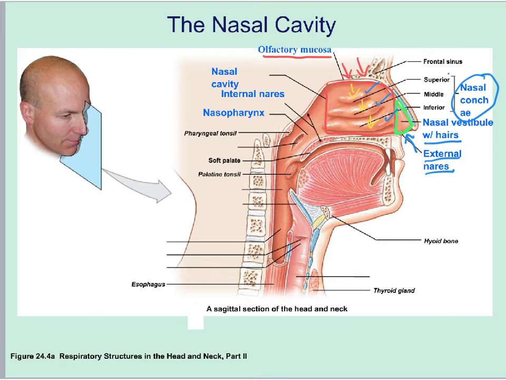Okay, the last section of the nasal cavity then is going to be what we call the internal nares. And the internal nares is really just this passageway right here that's leading away from the nasal cavity proper. And what that will do is carry air into the first section of the next structure that we call the pharynx.